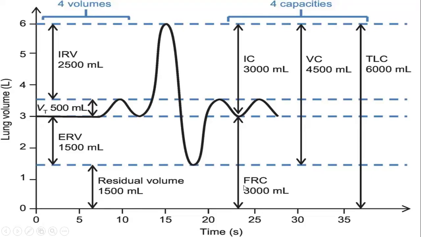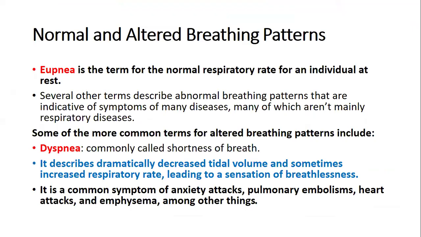Then vital capacity, representing the amount of space that can be used for the process of respiration, is equal to inspiratory reserve volume, tidal volume, and the expiratory reserve volume. So this is the capacity which is available for air to move in and out, which is equal to 4,500. Then total lung capacity is equal to 6 liters. If you add all these numbers, it gives you the 6 liters. So these are the four volumes and the four lung capacities.